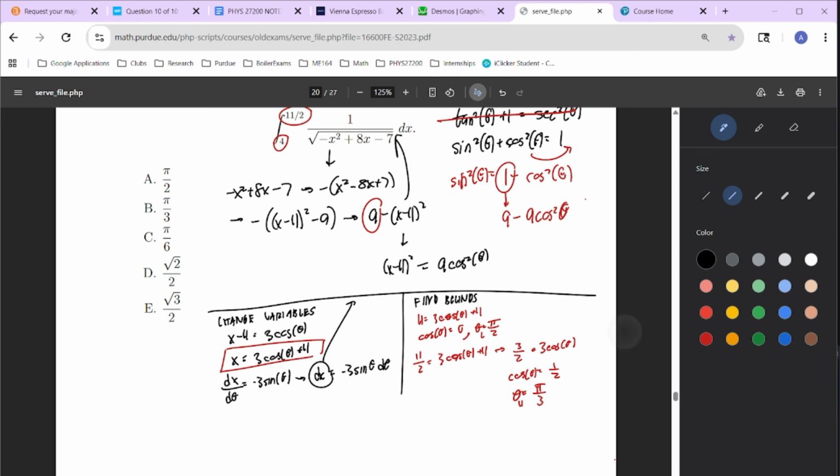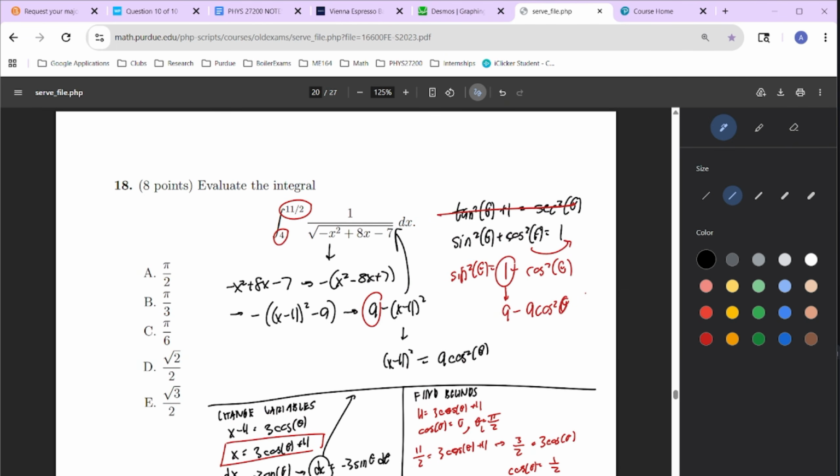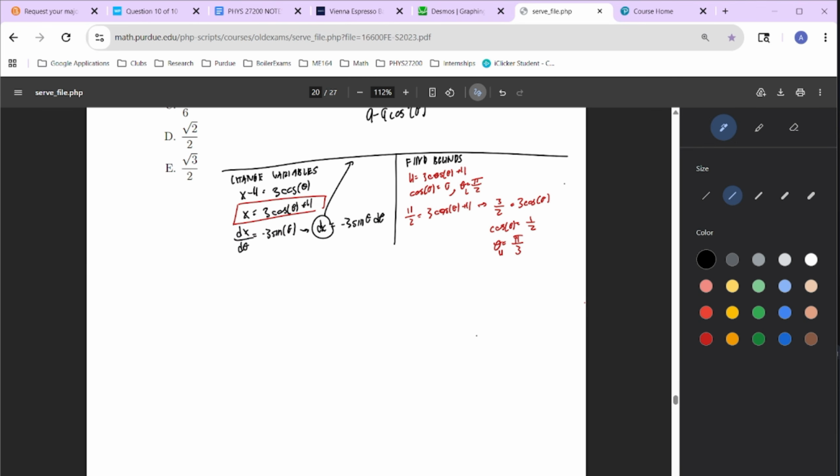And now we can begin setting up the integral. So as we've established before, this entire thing, 9 minus, in parentheses, x minus 4 squared, is just equal to negative x squared plus 8x minus 7. So if we replace the x minus 4 squared with the 9 cosine squared theta, this becomes 9 minus 9 cosine squared of theta, which we can directly sub in to its original spot.